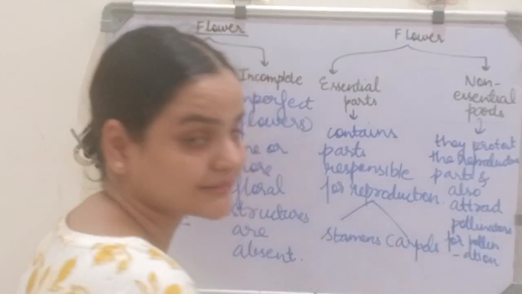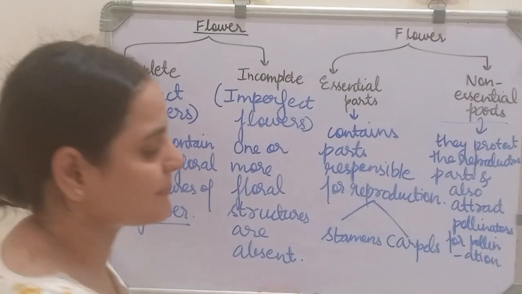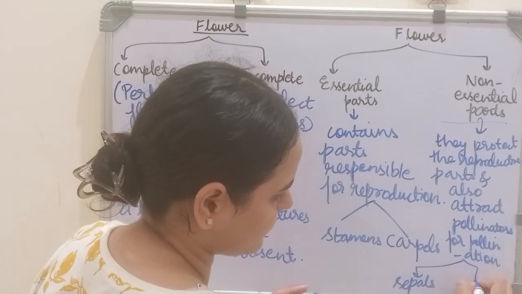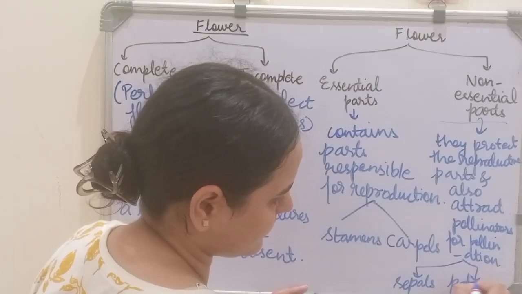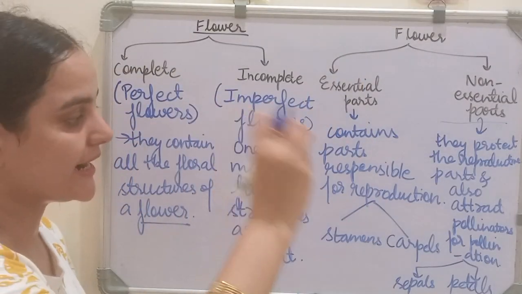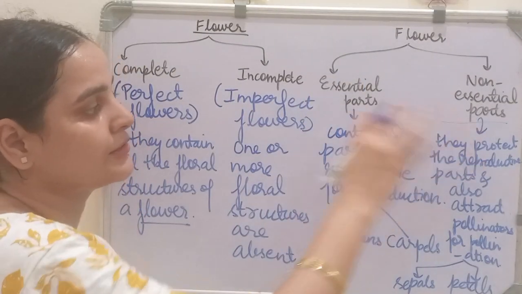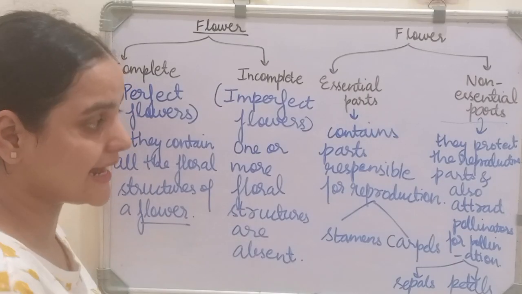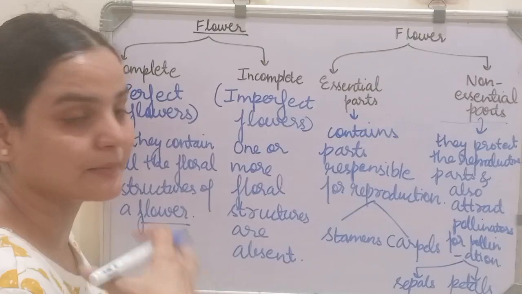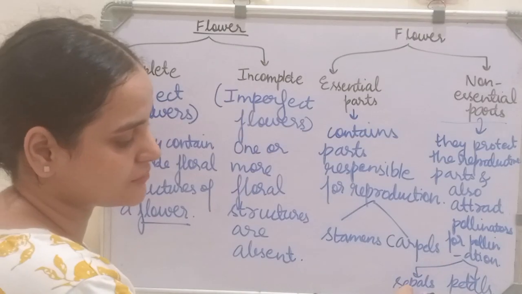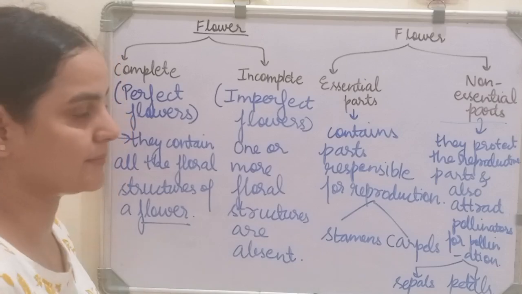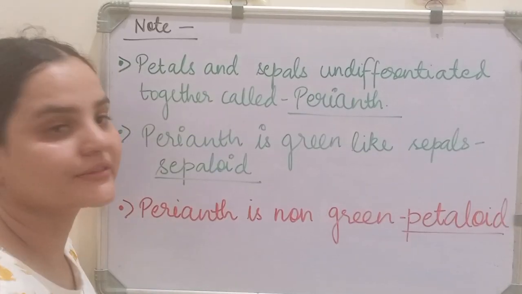So these parts include the sepals and the petals. Okay, so essential parts are those that are involved in reproduction, while non-essential parts are those that are protecting the reproductive parts and they are attracting pollinators. So these include sepals and petals, while the essential parts include stamens and carpels. Okay, let's note this point.